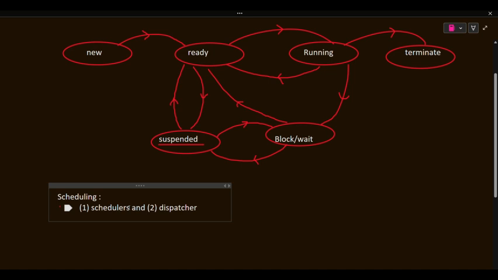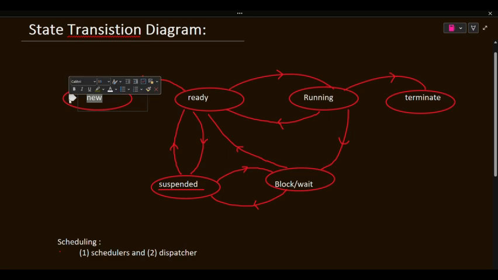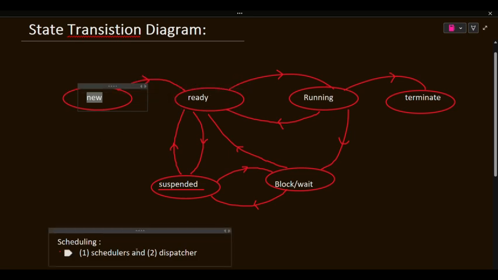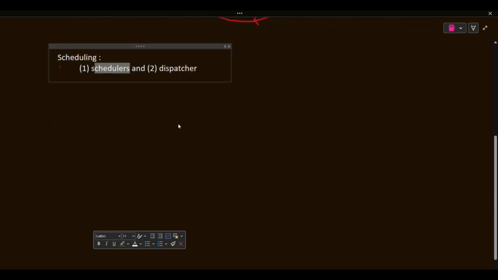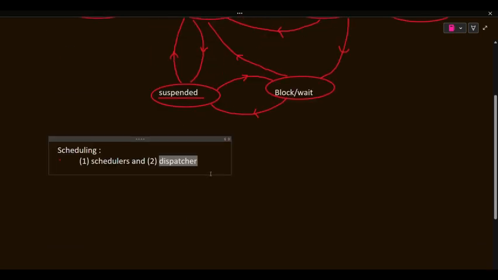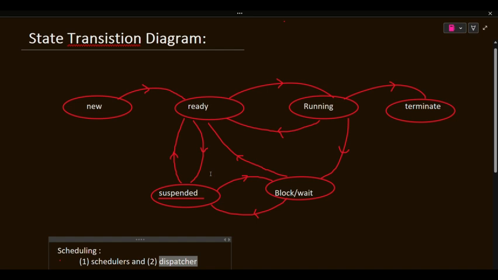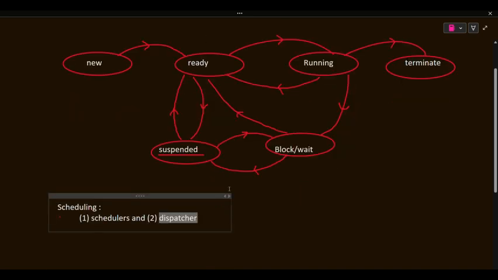As I said, schedulers are responsible for deciding which process enters the running state, or, if we take the new state to ready state, which process goes into the ready state from the new state first. And the dispatcher is responsible for transferring the process. It also maintains the last state of the process and loads it whenever it transfers the process to the CPU.